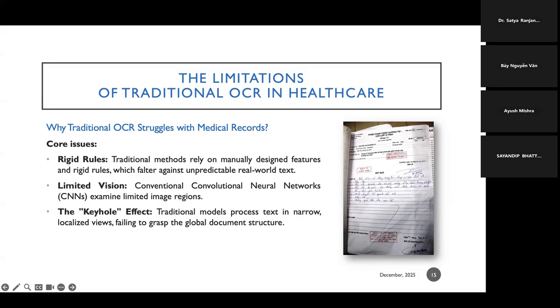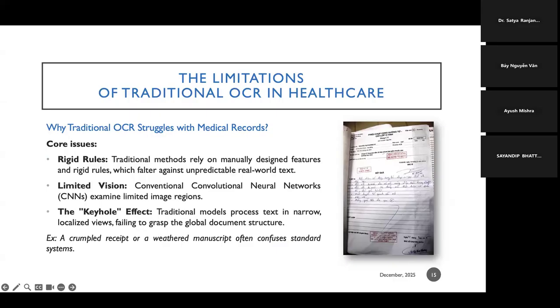When a fold in the paper cuts through a letter or a coffee stain covers part of the word, that local view breaks down completely. The CNN sees the broken line and gets confused because it has no backup plan. So it can't look at the surrounding words to get the missing piece.